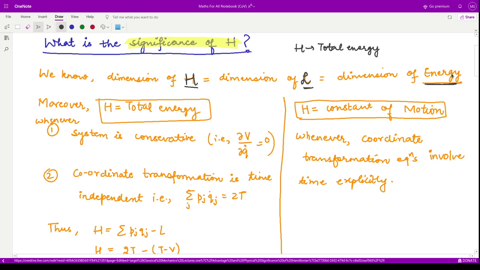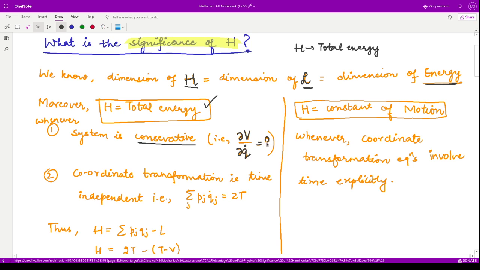So this is one point to note. Another point is that H represents total energy when our system is conservative, that is one condition. That means the potential does not depend upon the generalized velocities q dot. So please note what a conservative system is: one where the potential energy does not depend upon the generalized velocity.